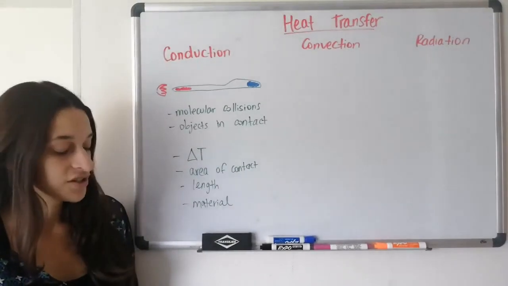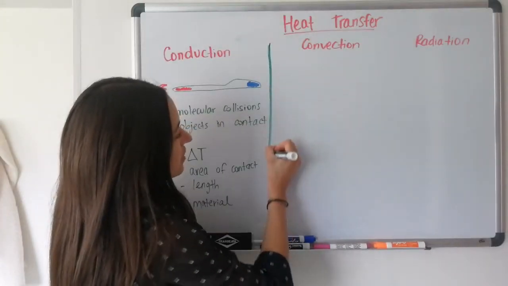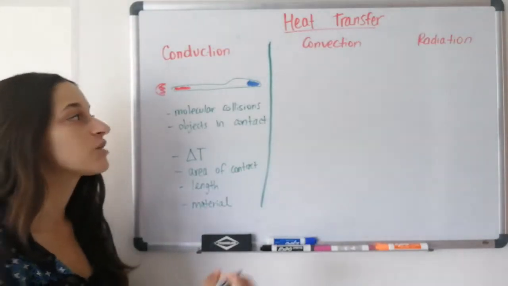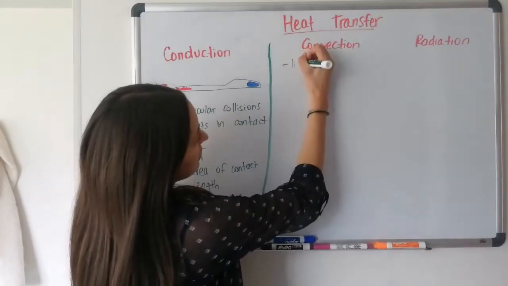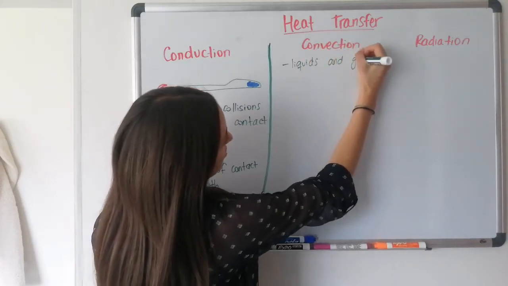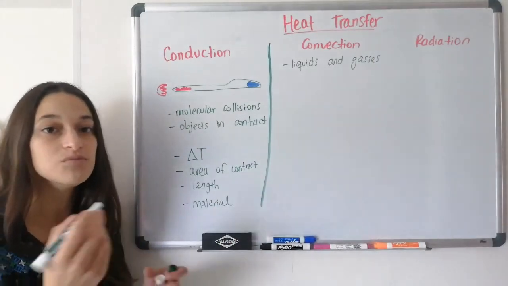So that is conduction. The second way in which heat is transferred is through convection. Convection talks about only liquids and gases. And it happens when big groups of molecules of the liquid or the gas move around.